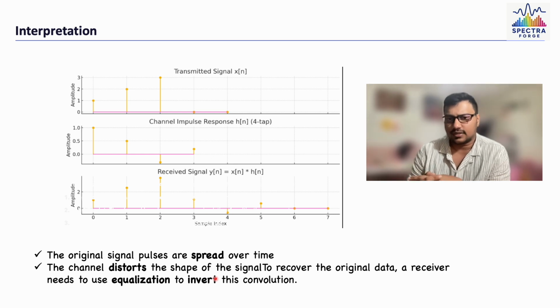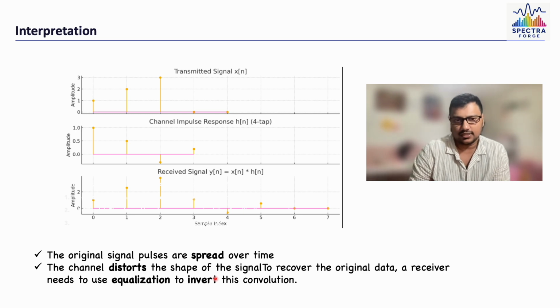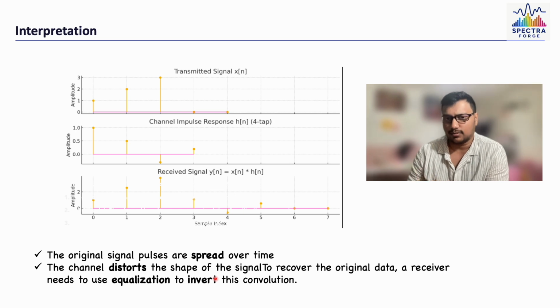However, in OFDM, we have circular convolution instead of the linear convolution. That will simplify the problem to a greater extent, because implementing equalization in the time domain, with spreading in time, is a bit challenging for wideband systems, and it does complicate things.